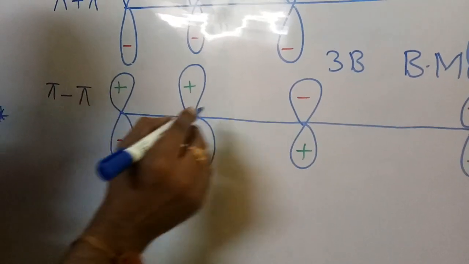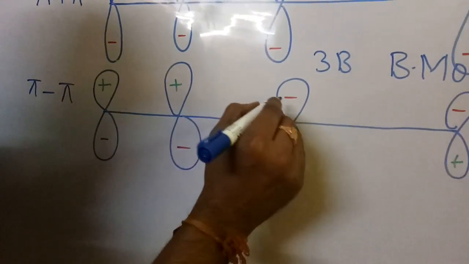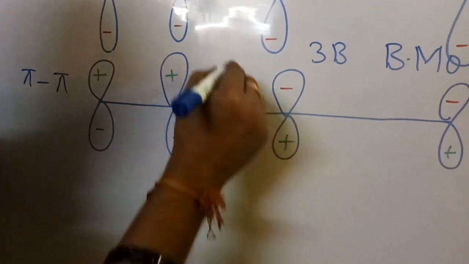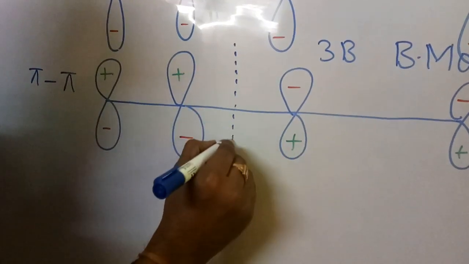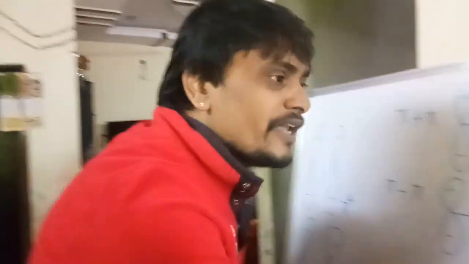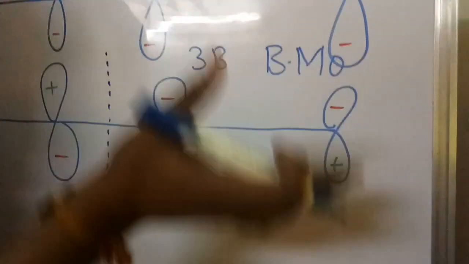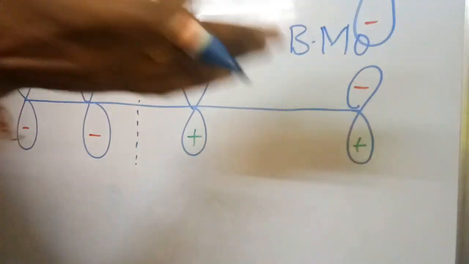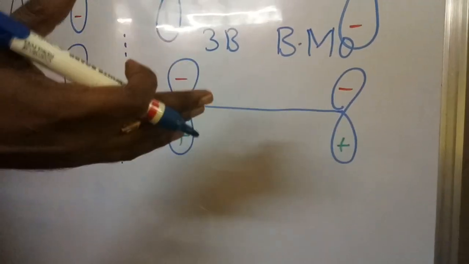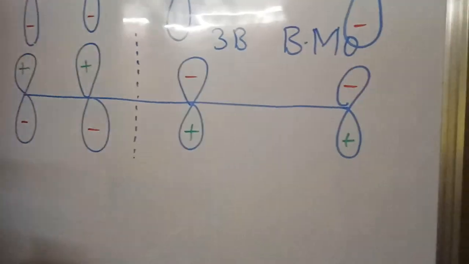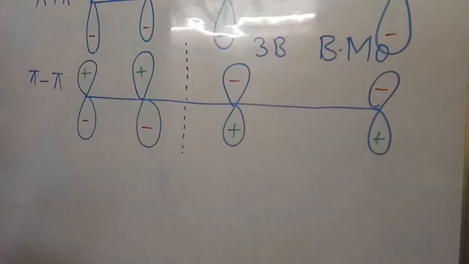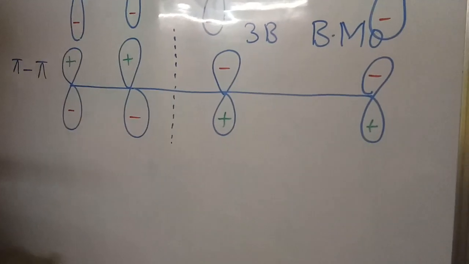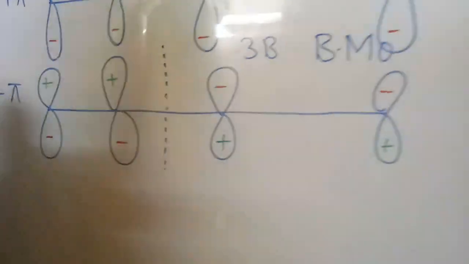But here it is positive and negative, so there is a node over here. And coming to here, negative, negative, both are at the bottom face, so there is no node. So the number of nodes in pi with negative pi is 1.